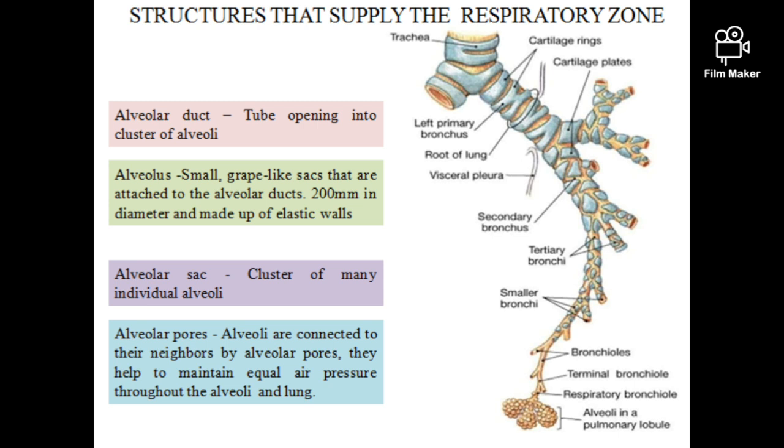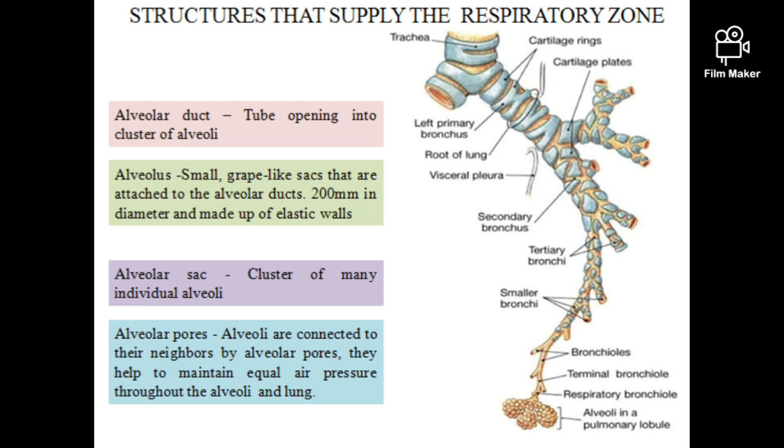So, this structure clearly helps us understand how the branchings and bifurcations happen in our respiratory tract. The alveolar duct is nothing but the tube opening into the clusters of alveoli.